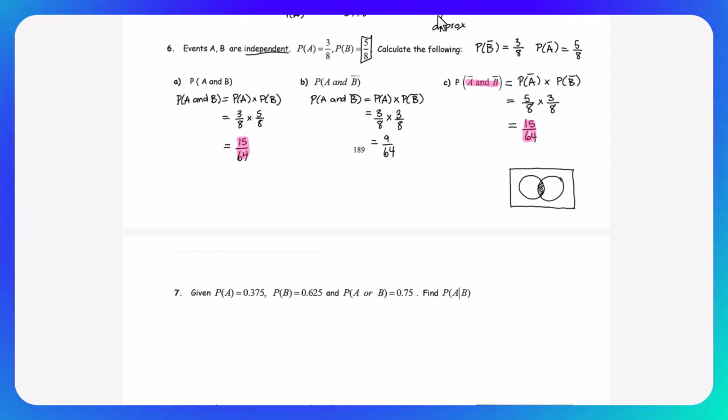That's A and B. If we wanted the complement of that little piece in the middle, that would be all of this here. That's all of that there, all not including that middle piece, like that, which is quite a big area.